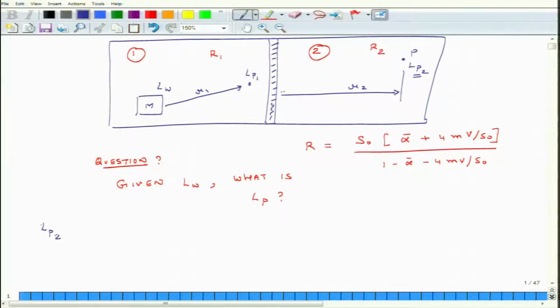So, LP2, which is the sound pressure level at any point in room 2, is equal to LW minus 10 log 10 of room constant R1 plus 10 log 10 of 4 SW divided by room constant R2, plus 1, if R2 is less than SW by 2 pi.